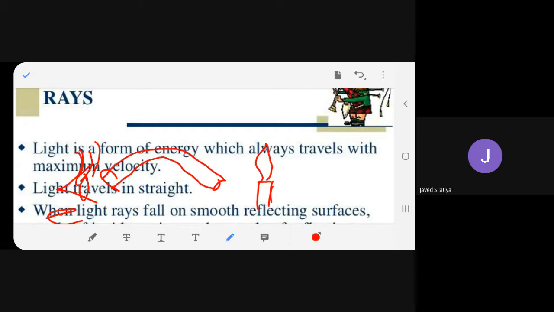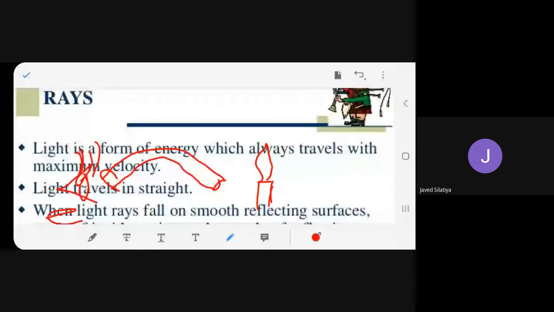Exactly. Someone said that the candle can be observed, that's why I asked. It cannot be observed. Why?